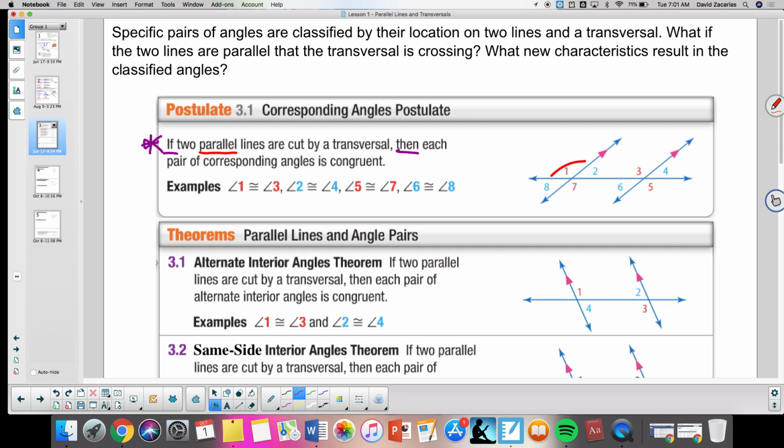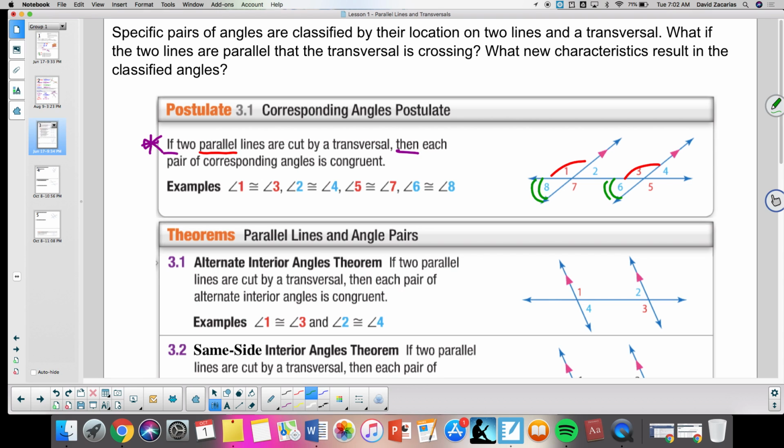So in this case, angle 1 and angle 3 are corresponding. Those will always be congruent to each other if those two lines are parallel. Same thing with 8 and 6. Those are going to be congruent. 2 and 4 are going to be congruent. 5 and 7 are going to be congruent. So corresponding angles, those will be congruent to each other if those two lines are parallel.